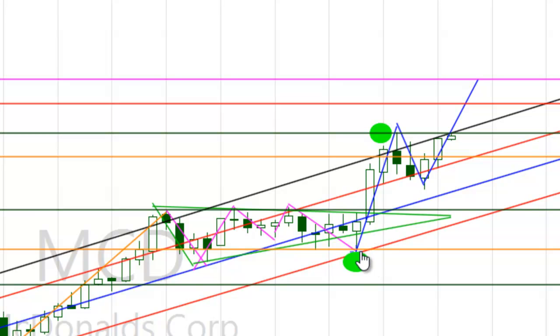With that, the first thing that comes to our mind is that the 5th wave will be extended.